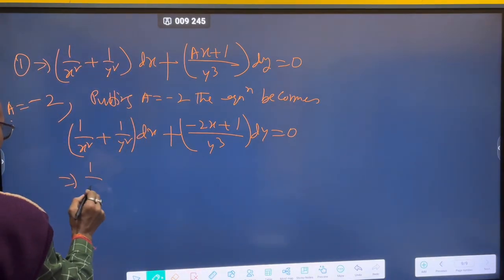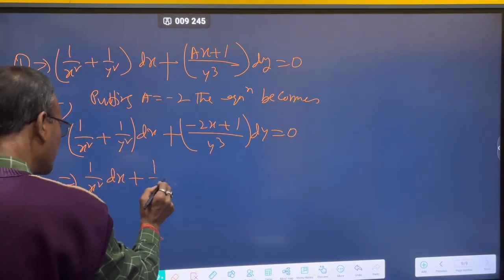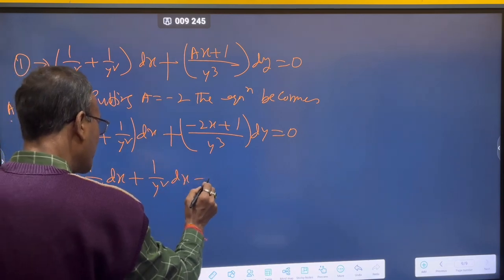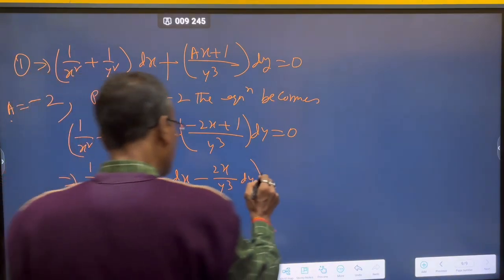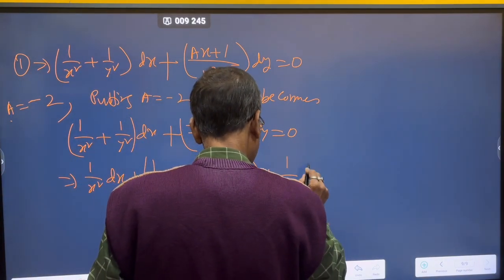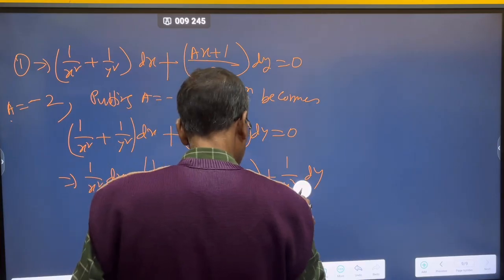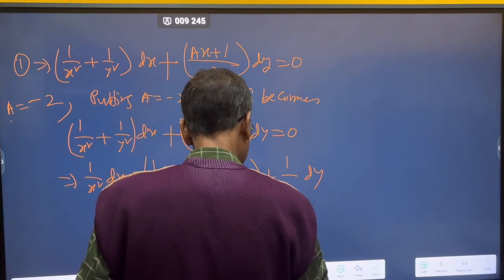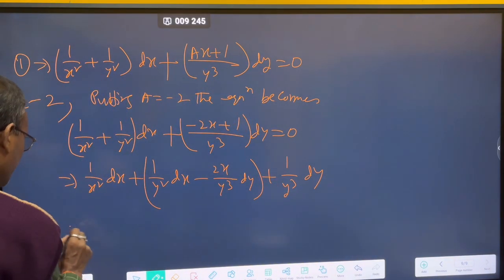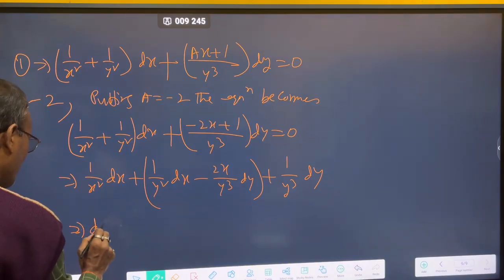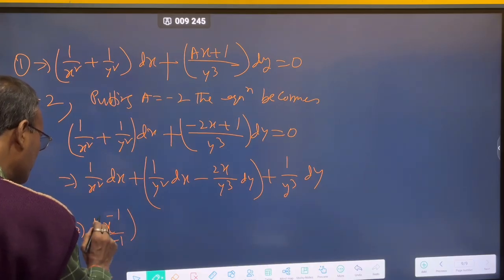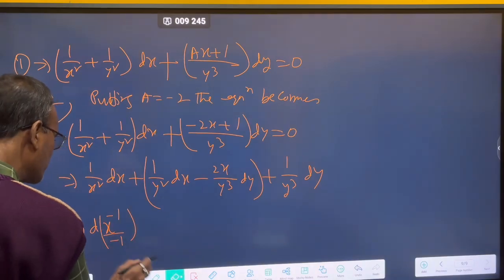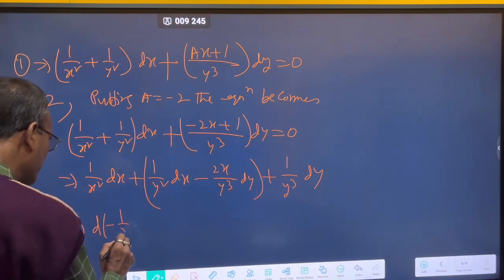This means the grouping method. Group 1 by y square dx minus twice x by y cube dy, plus 1 by y cube dy. This means d of x to the power minus 1 by minus 1, or you may write d of minus 1 by x.